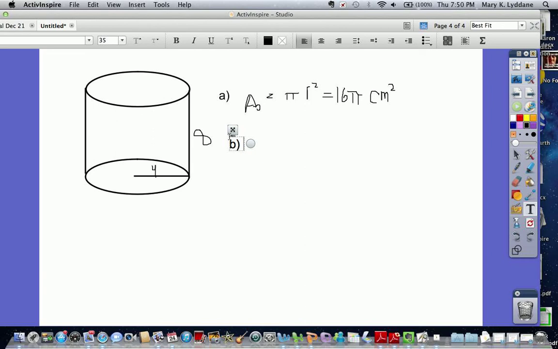So the volume of any solid is the area of the base times the height. So we've got the area of the base, which is 16 pi, times the height, which is 8. So we've got 8 times 16 pi.